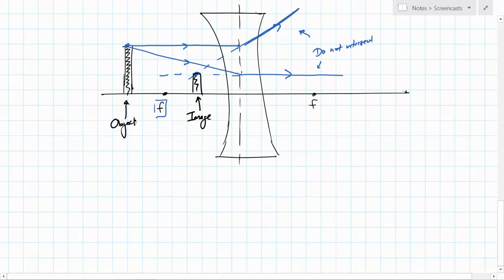And we can check again. This is about, let's see, 1, 2, 3, 4, 5. So F looks like it's about -5 because it's a diverging lens. 1, 2, 3, 4, 5, 6, 7.5 for DO. And the image looks like it's about 1, 2, 3-ish.